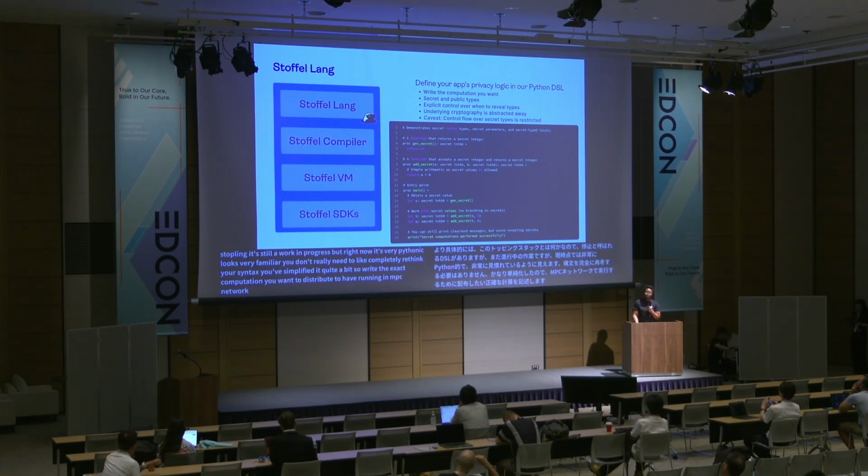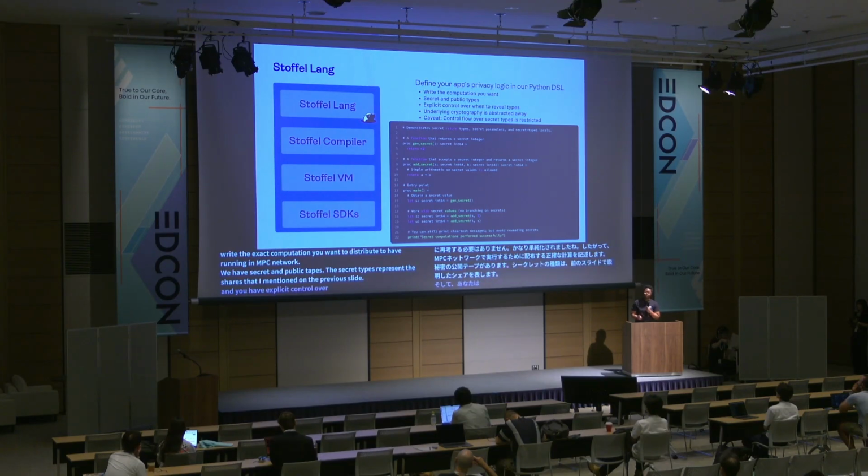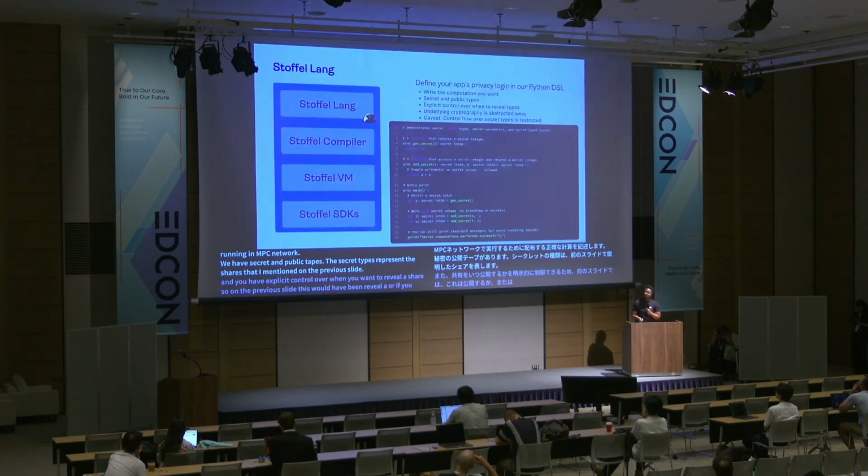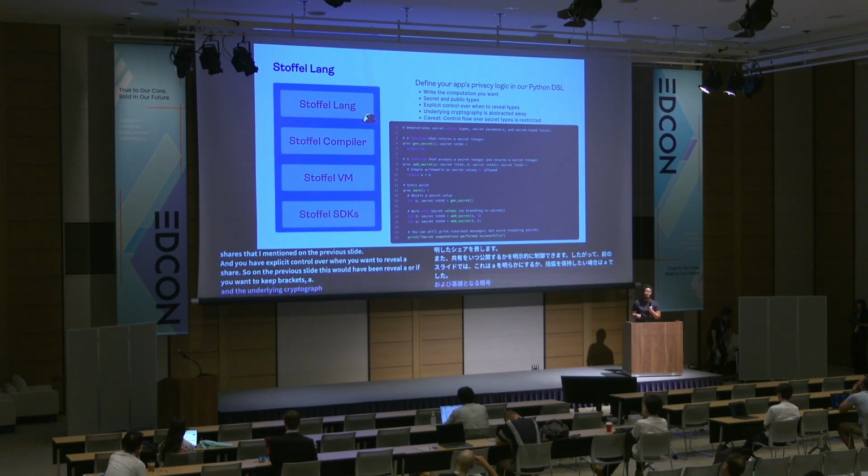We have secret and public types. The secret types represent the shares that I mentioned on the previous slide. And you have explicit control over when you want to reveal a share. On the previous slide, this would have been reveal A, or if you want to keep it, brackets A. And the underlying cryptography is completely abstracted away, so you don't need to know what a share is to even use it.